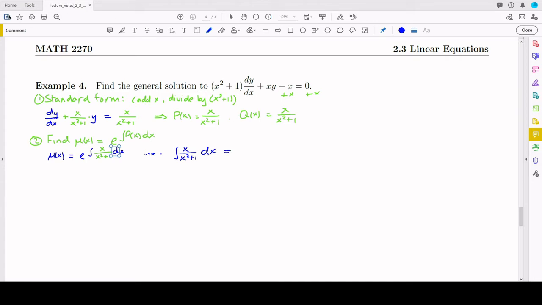And I'm going to use a substitution for that. My substitution is going to be u equals x squared plus 1. So that du/dx is 2x, and so du equals 2x dx. And so 1 over 2x du equals dx.